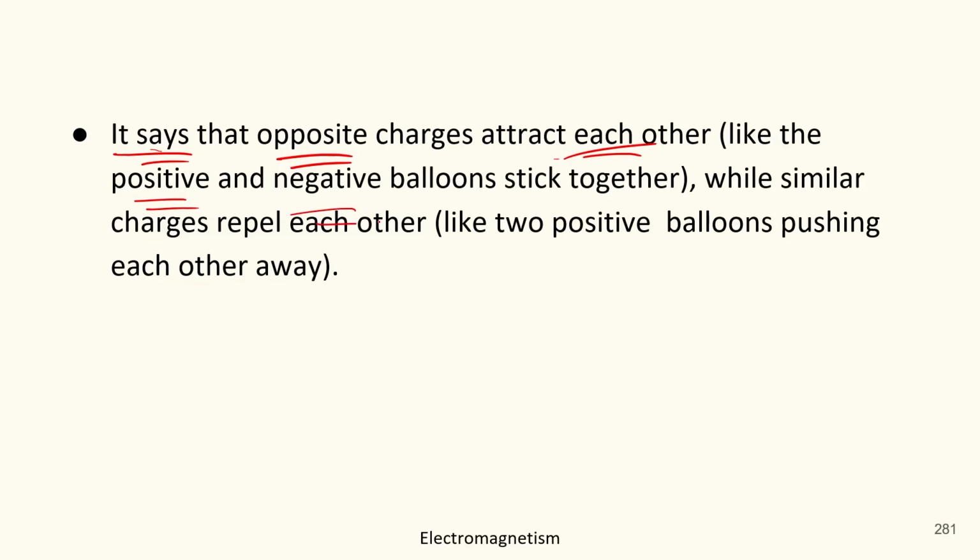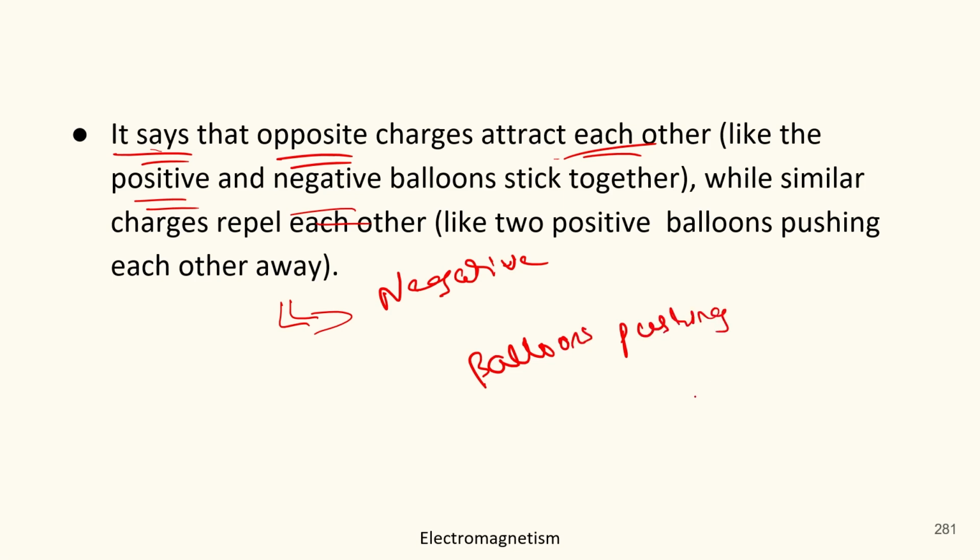Like the positive balloon and the negative balloon stick together, while similar charges repel each other, like two positive balloons pushing each other away. Or you can say two negative balloons pushing each other away. Got it?